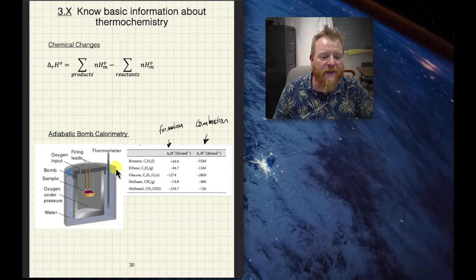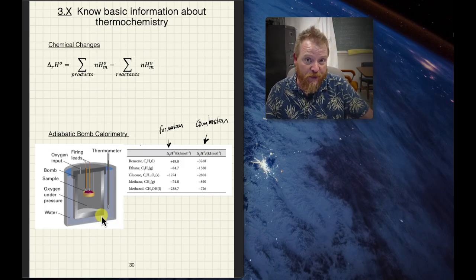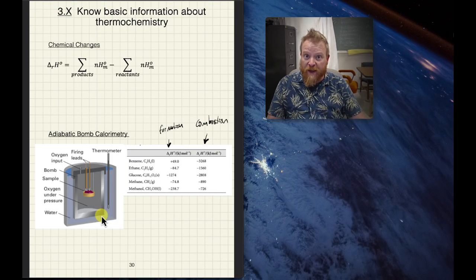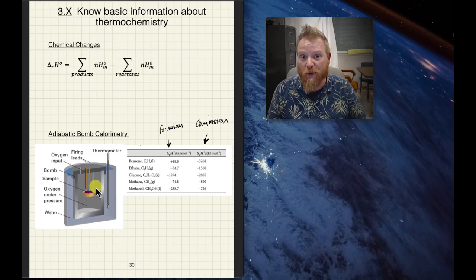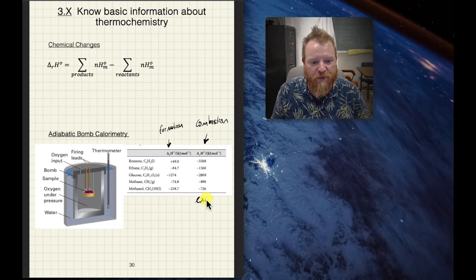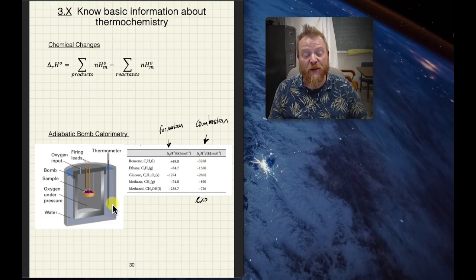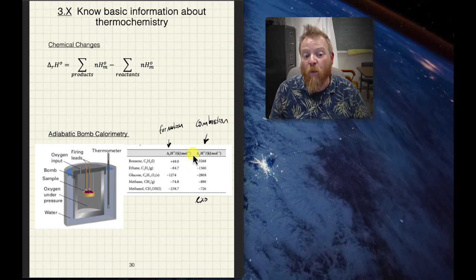And the way that the delta H of this reaction is determined is by carefully monitoring the temperature of this water bath before and after reaction, which will give a temperature rise, right? So you're combusting something, you're exploding something inside this thing. So those are always exothermic, as you can see from the negative signs there. So that releases heat into the water, and doing some calculations, we can work out what the delta H must have been.